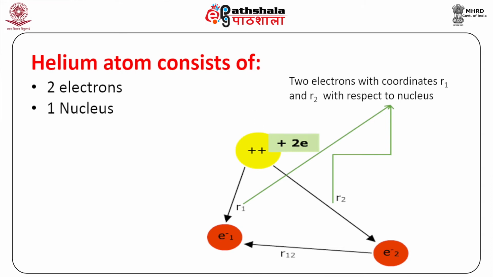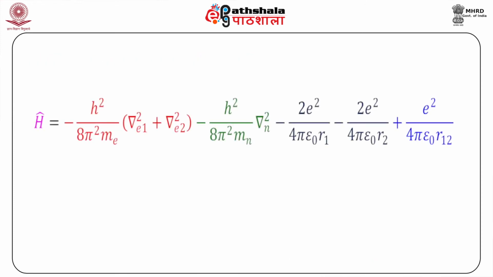The Schrödinger equation for helium atom is given in equation 9, that is, minus h square upon 8 pi square me, where me is the mass of electron, into delta E1 square plus delta E2 square, where E1 and E2 refer to electron 1 and 2, minus h square upon 8 pi square mn, where mn is the mass of the nucleus, into delta n square minus 2e square upon 4 pi epsilon naught r1 for electron 1, minus 2e square upon 4 pi epsilon naught r2 for electron 2, plus e square upon 4 pi epsilon naught r12. That is the interelectronic term.